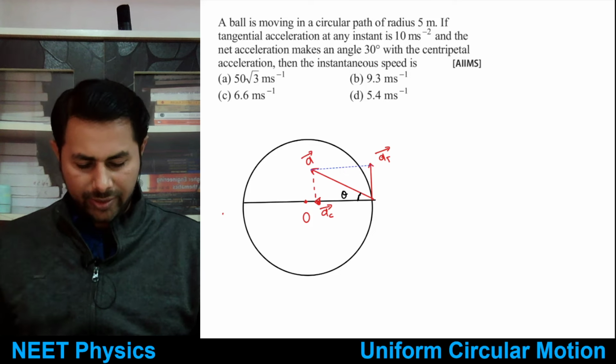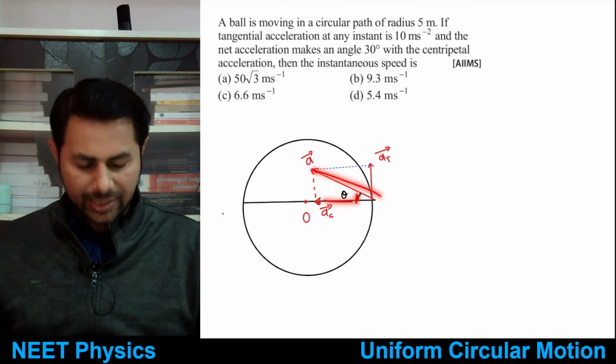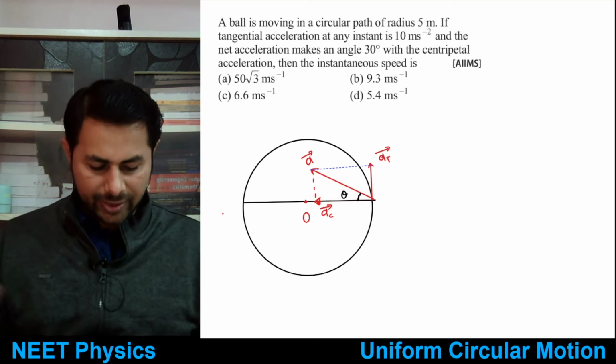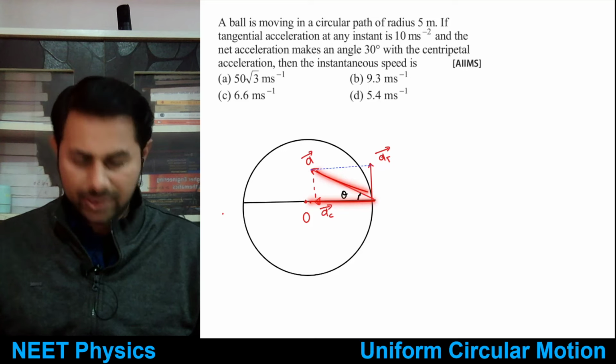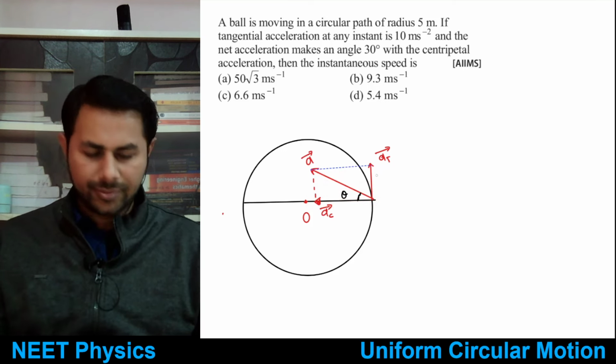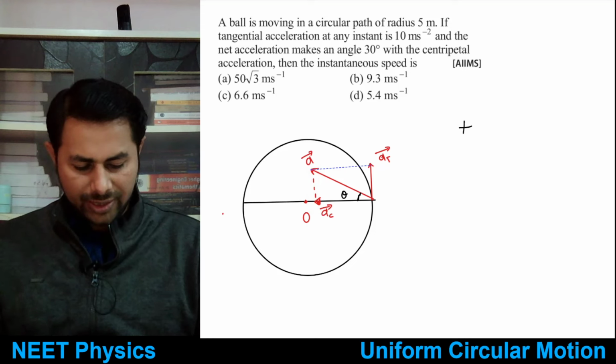So see, you want centripetal acceleration and this acceleration, and the angle between them is given. Option B, Yamini is saying option B. Let's check. So this angle is given, right? Then you can just take tan of theta here.